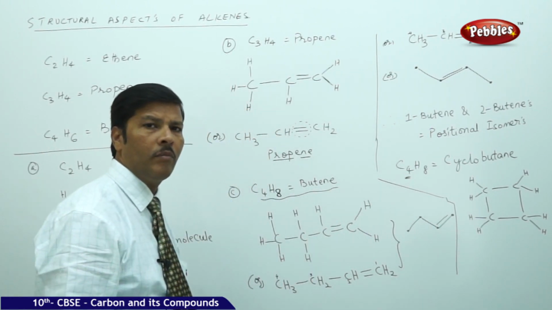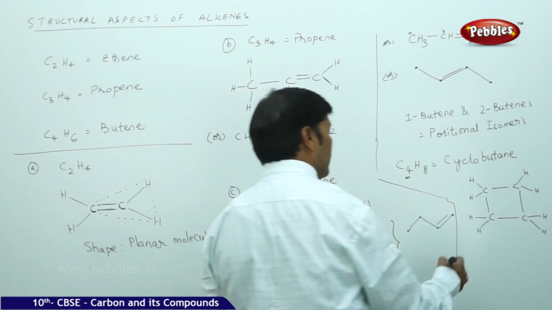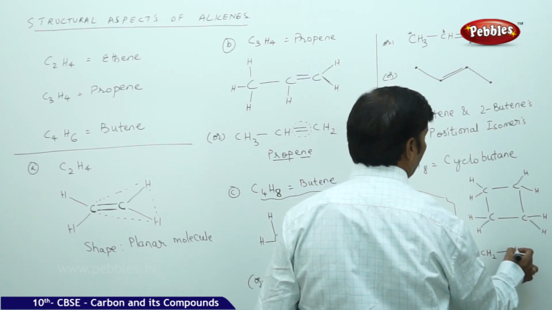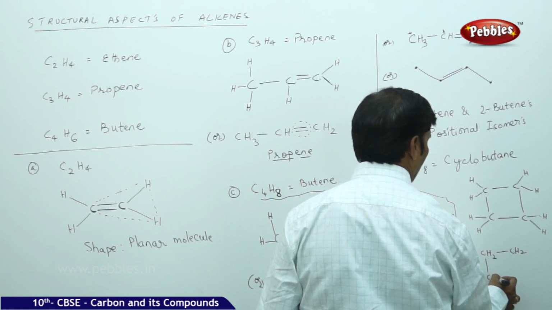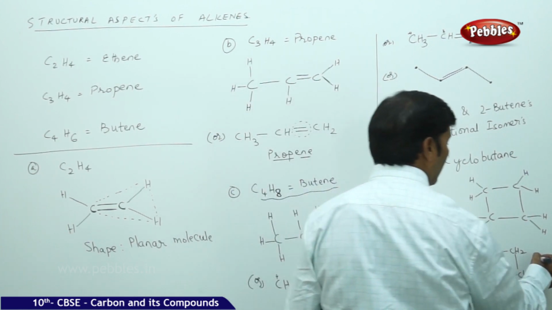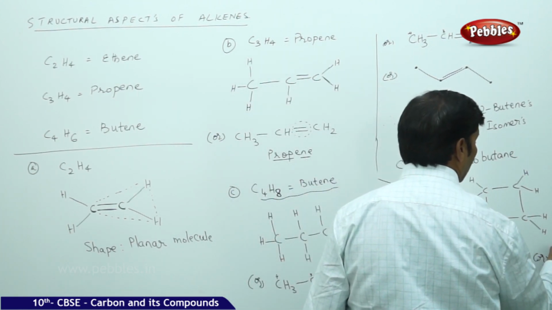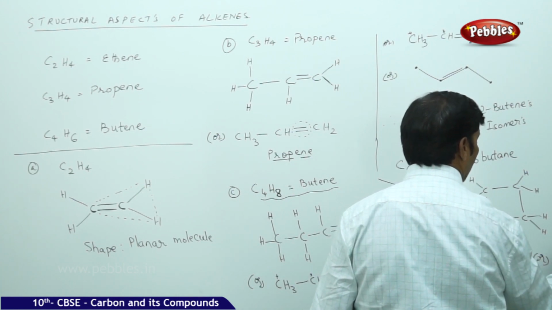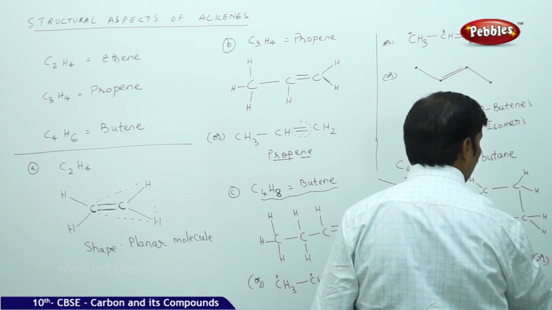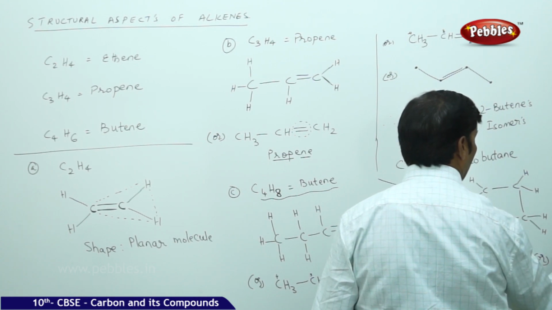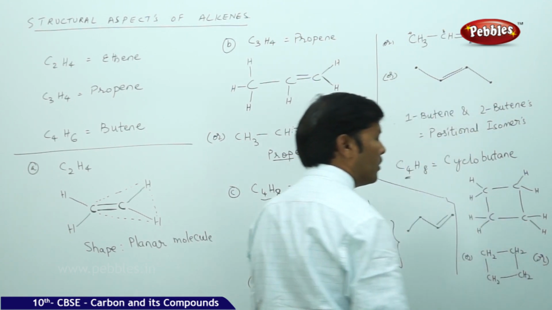This is the structure of cyclobutane, or you can simply write it as CH2-CH2-CH2-CH2, or you can show the bond line structure of cyclobutane like this. Each corner has one carbon.